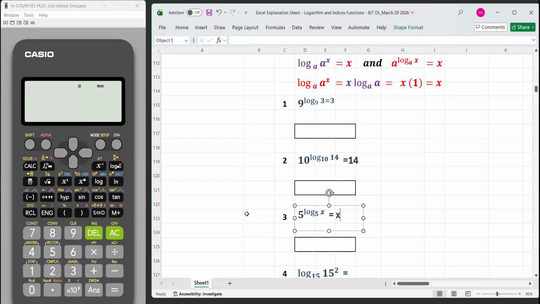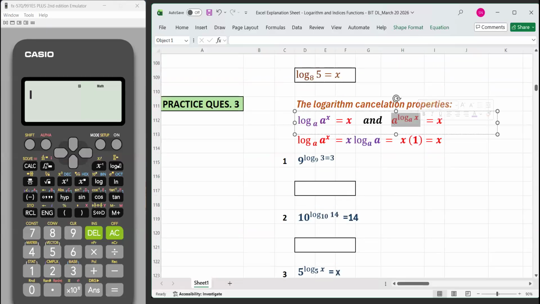The rule on the right. We're saying that if I have a number a raised to the power log of another number x, but to the same base as the base of the number I began with, the answer is always equal to x. So a raised to the power log of x base a, the answer is x.